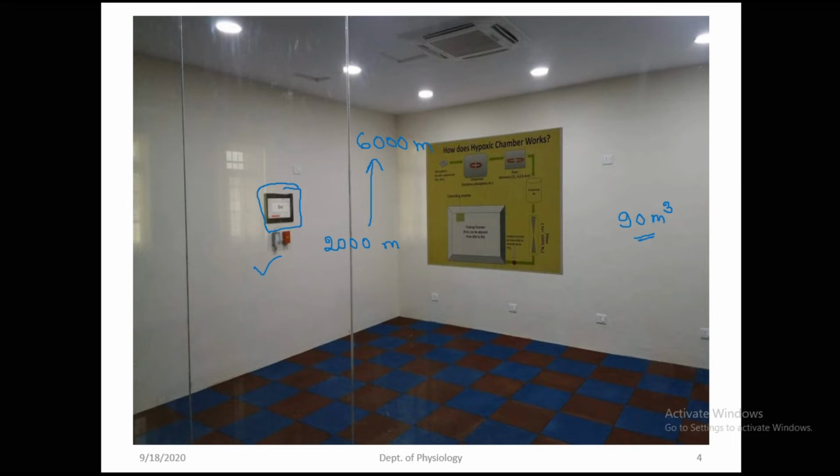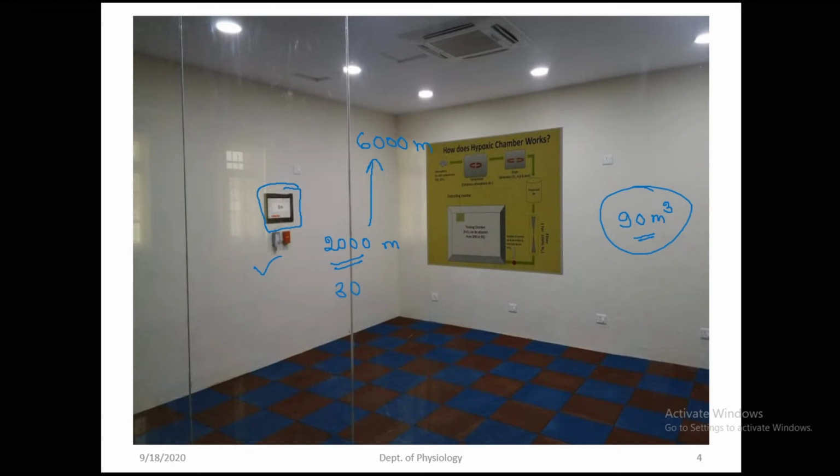which is dedicated to the Department of Exercise Physiology. Once we set 2000 meters or any altitude on the monitor, this entire 90 cubic meter room becomes a complete hypoxic chamber. As we ascend higher and higher, the oxygen percentage decreases.